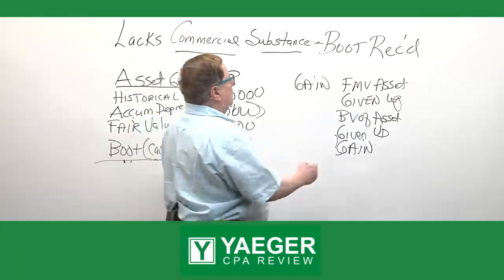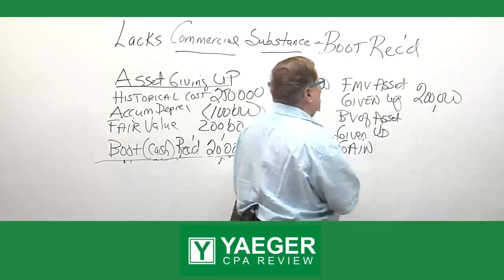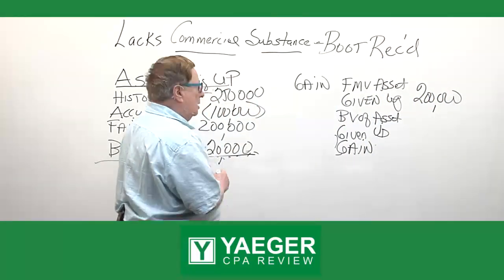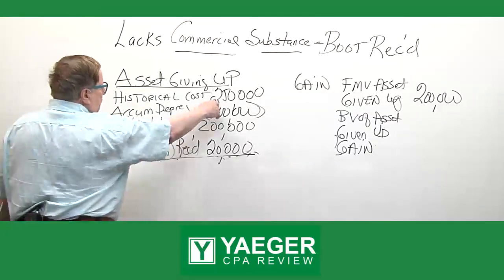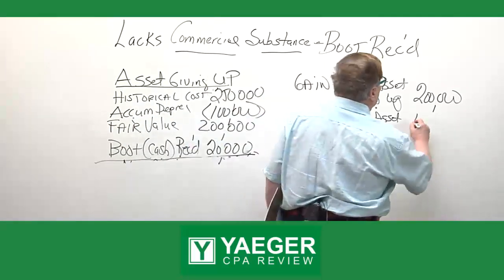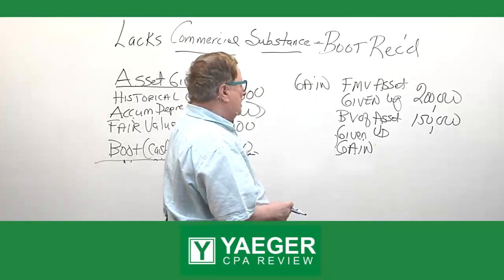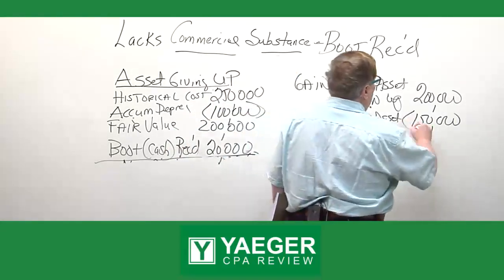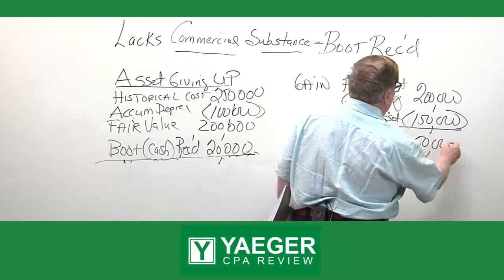Notice gain or loss is always calculated the same way, whether it lacks commercial substance or has commercial substance. Now we take the book value of the asset given up, which is the 250 minus the 100, which is 150. So the fair market value of the asset given up exceeds the book value of the asset given up. So there's a gain here of $50,000.